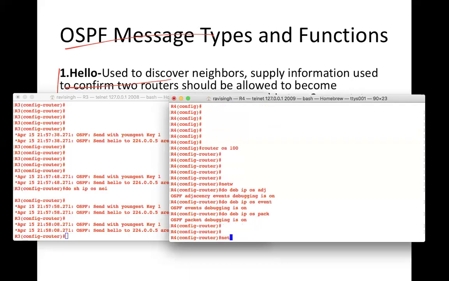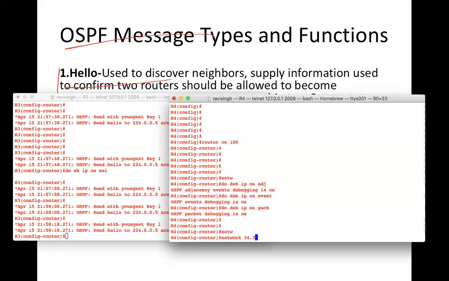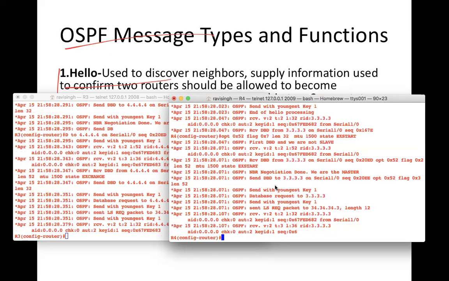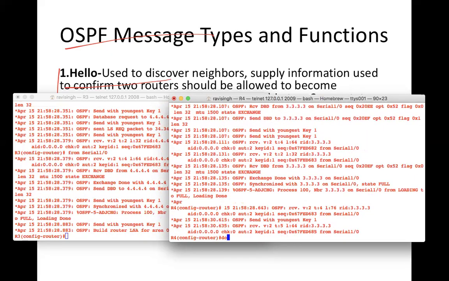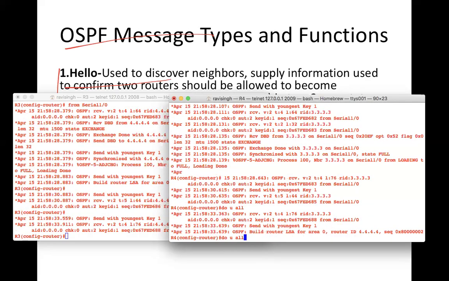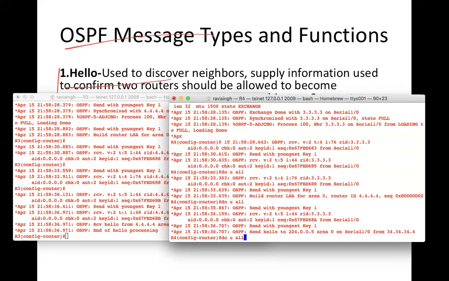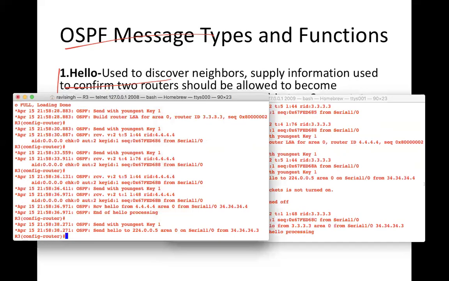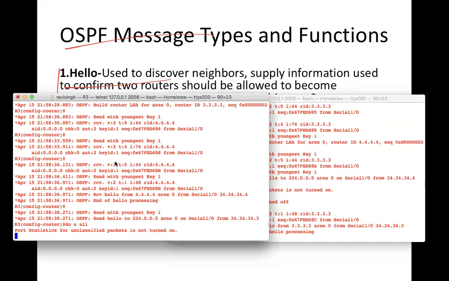So let's advertise network 34.34.34.0 with the wildcard mask with area 0. As soon as we do that, you would notice a lot of messages. So let me do undebug all to disable all the debugging.